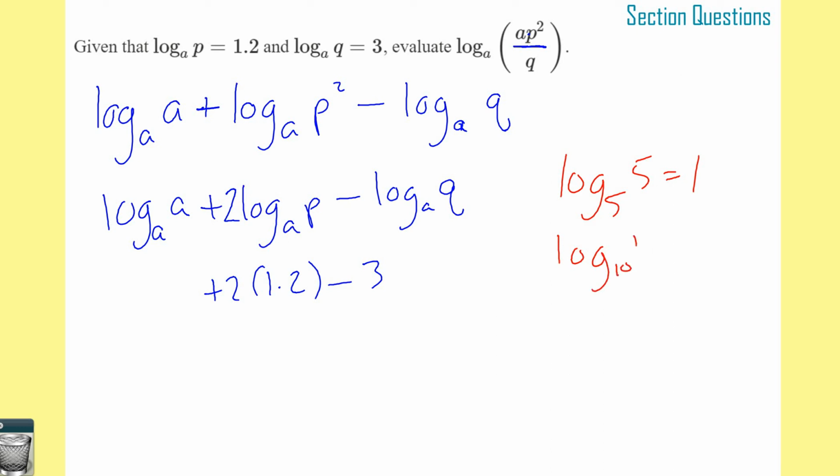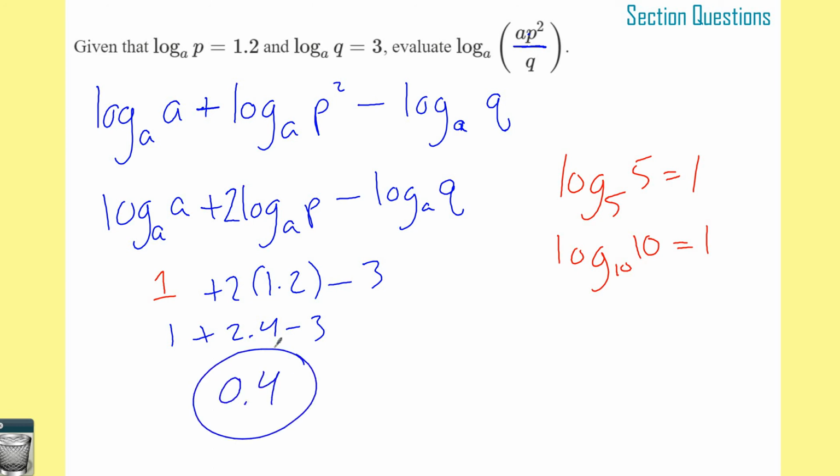Log base 10 of 10, put it in your calculator, real simple, log 10 is 1. So this is just 1. So we get 1 plus, what is that, 2.4 minus 3. So we should get 0.4 for the answer.